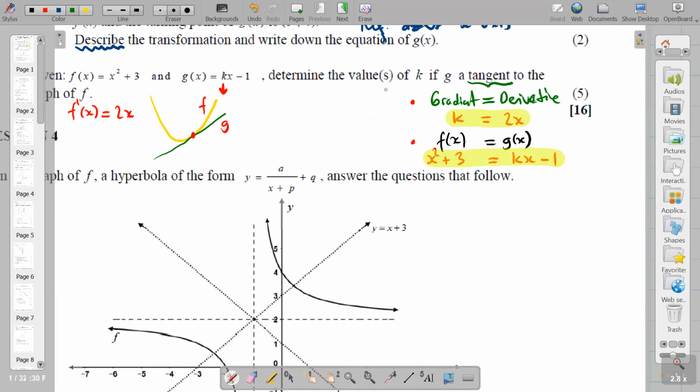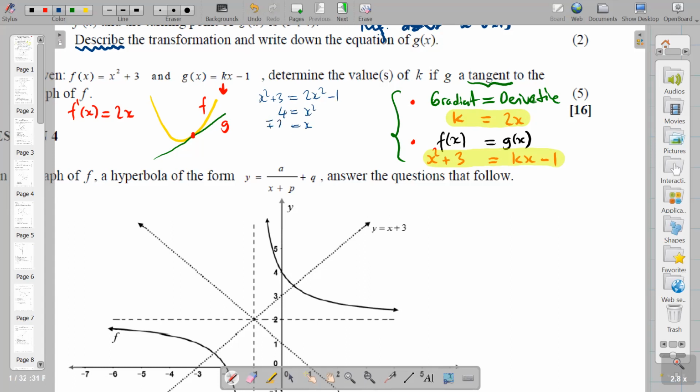So let's solve simultaneously. I'll write on that side. x squared plus 3 is equal to 2x times x, which is 2x squared, minus 1. So put everything on one side. I can take 1 to that side, so it is 4. 2x squared minus x squared is x squared, so I'll get x is plus or minus 2.